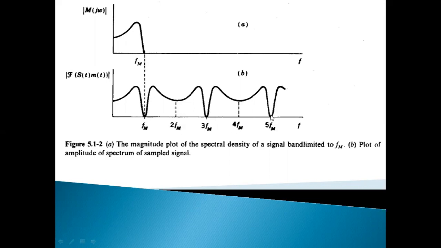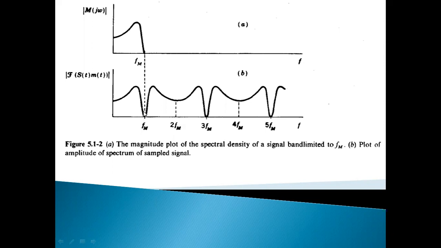At 5FM, the fourth one starts. So at the ending and starting time of the pulse, look over this figure. FM is the ending of the first and starting of the second. Like 3FM is the ending of the second and starting of the third. So likewise, ending and starting are there.